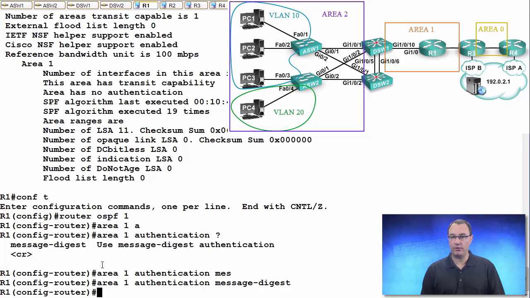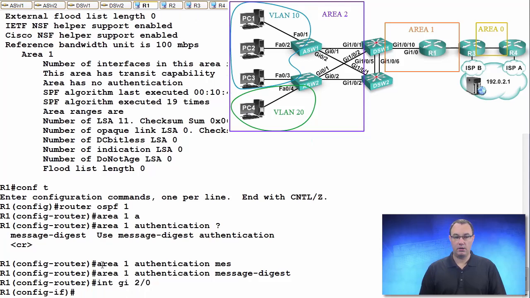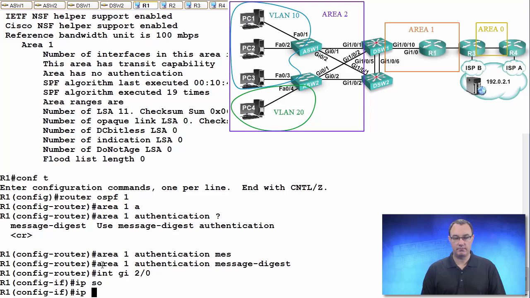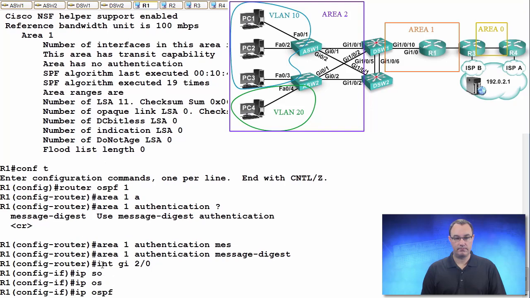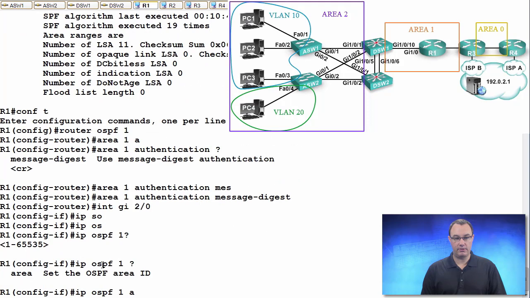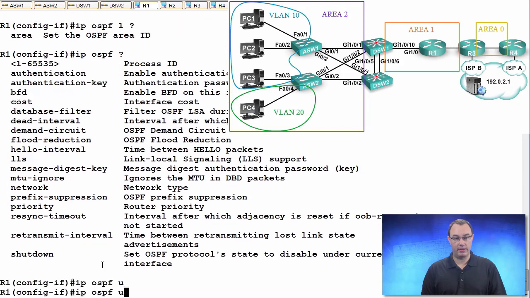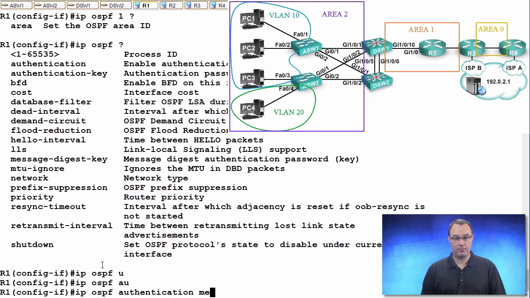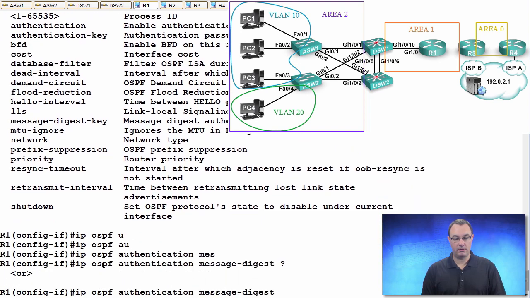So I could go here, and then on, let's say, my connection to R3, I could say ip ospf authentication message digest, and I say, okay, I want to use message digest.